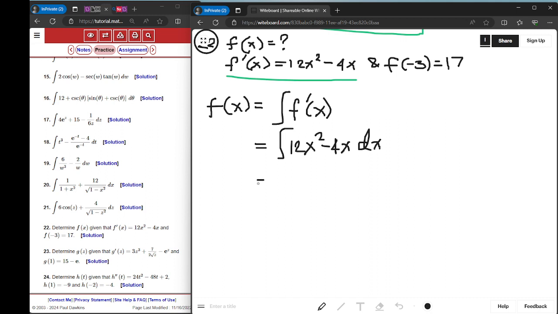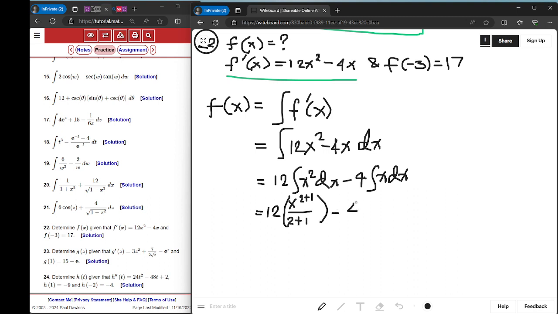Afterwards, we'll integrate them separately. So that is 12 integral of x squared dx minus 4 integral of x dx. Okay, then let's integrate. This will now become x to the 2 plus 1 over 2 plus 1, minus 4 times x to the 1 plus 1, since there is actually a power of 1 here.